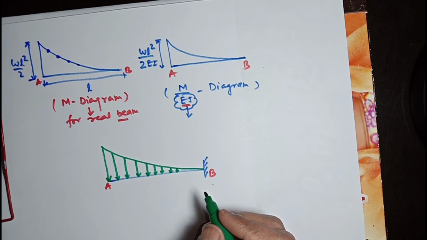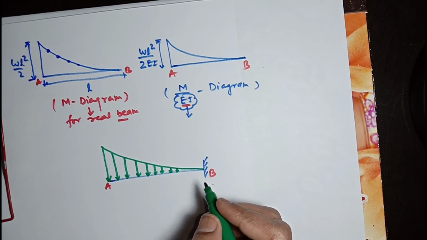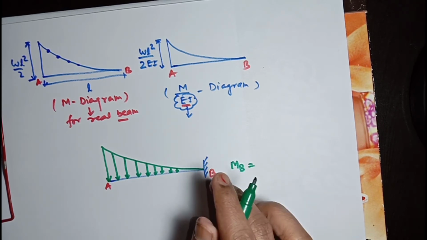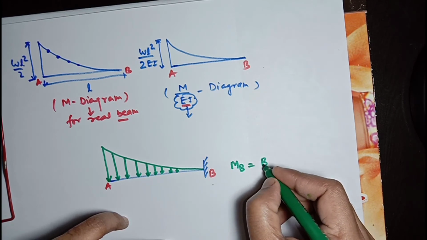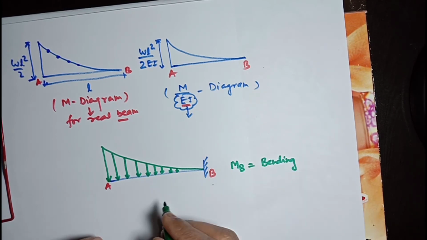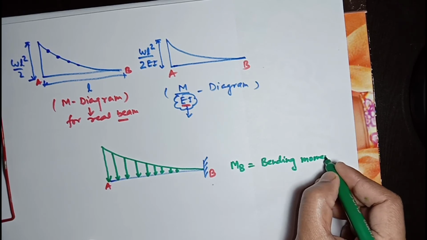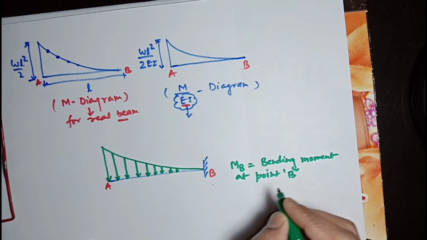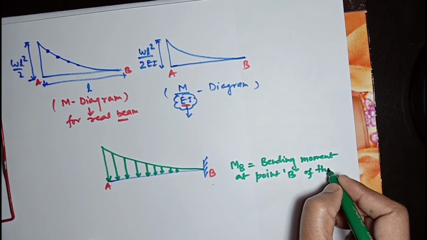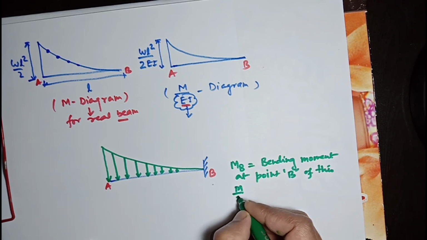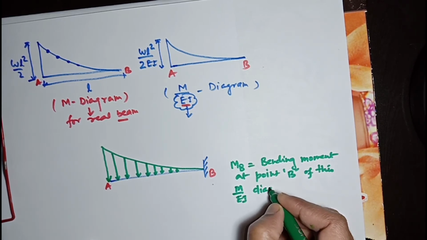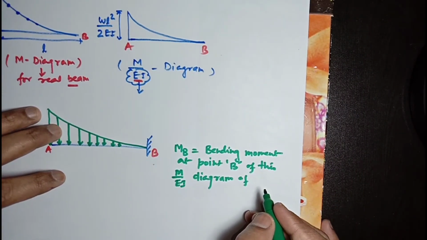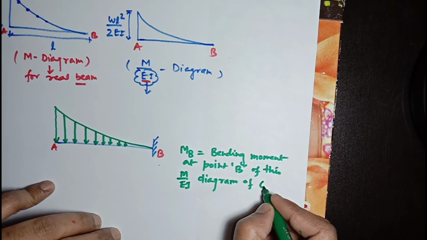Now our main focus is to find out bending moment MB, the bending moment at point B of this M over EI diagram of conjugate beam.